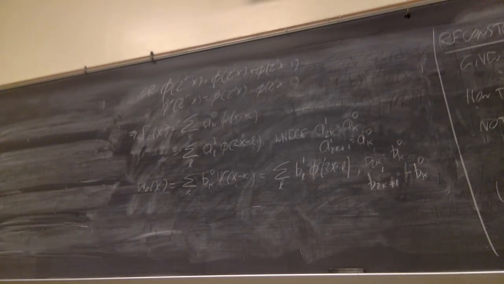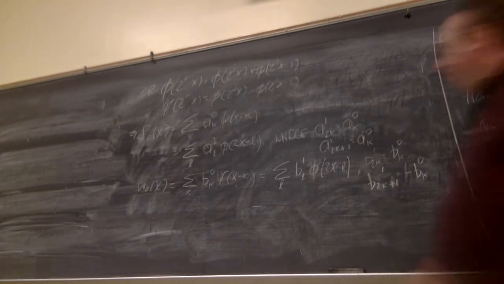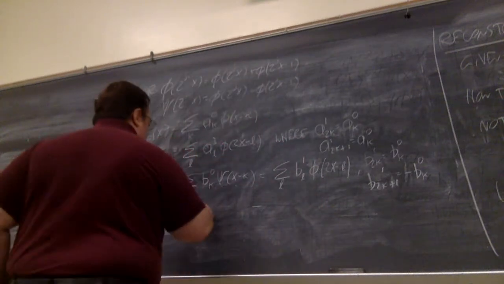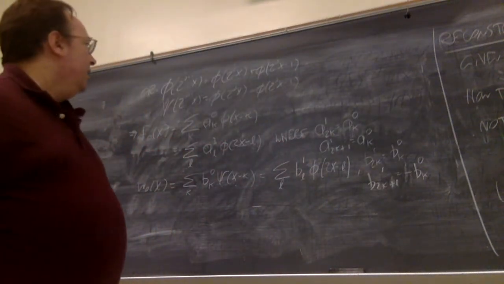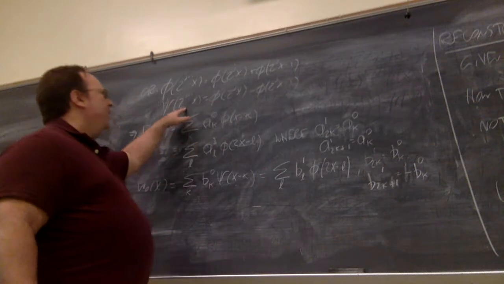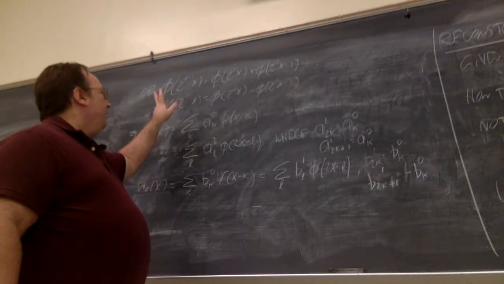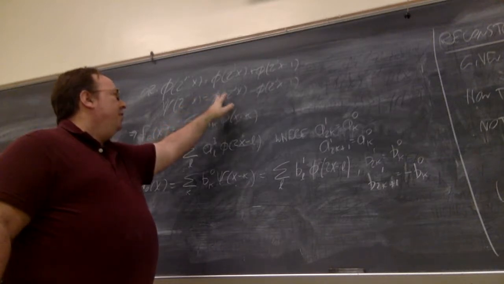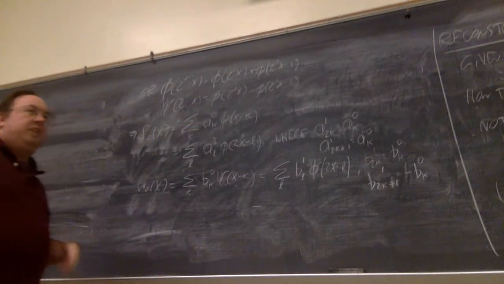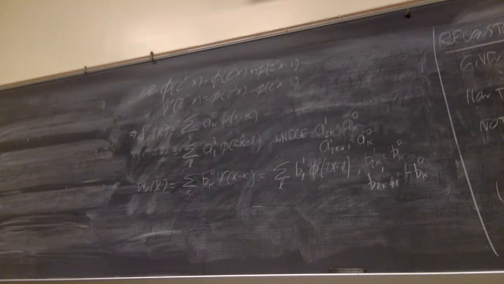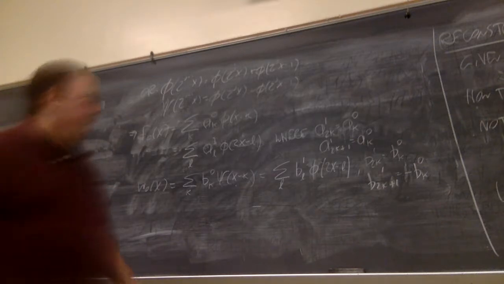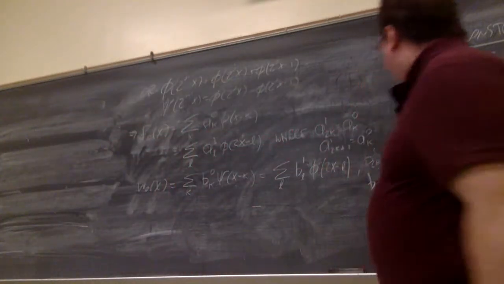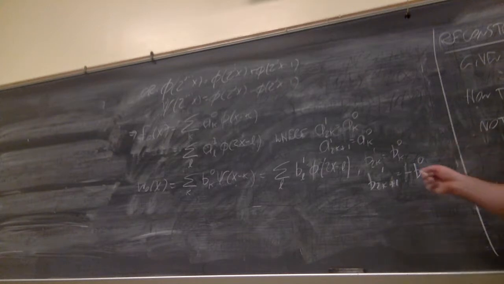That's like the next finer scale. So in other words, I'm saying that, well, actually, it's this equation right here. The wavelet is equal to the difference of scaling functions at the next finer scale, one shifted right next to the other. So that's why I'm copying the coefficient for the left half, it's positive, negating it for the right half, it's negative.